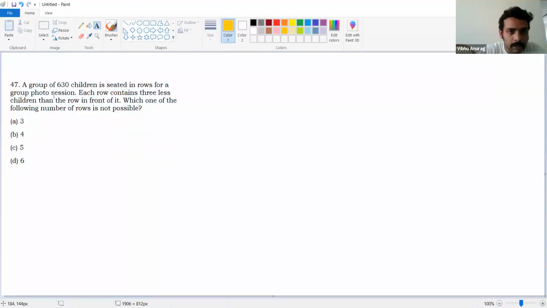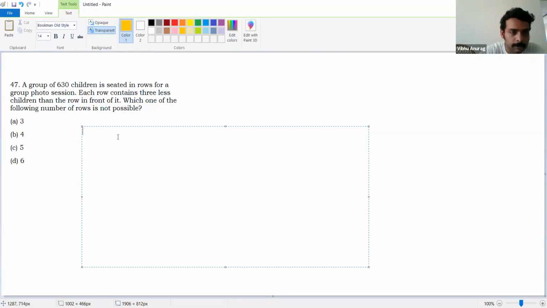So see the number of rows. So what can be the number of rows? So I'll insert a big text box here. See, let me check each option. Can there be 3 rows?